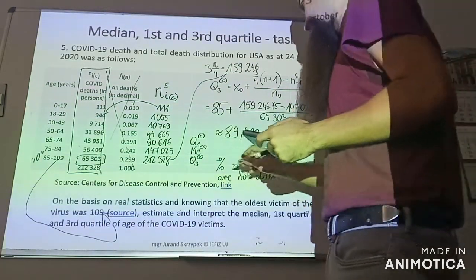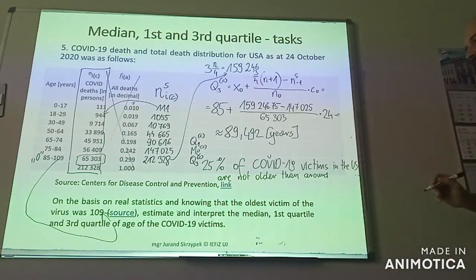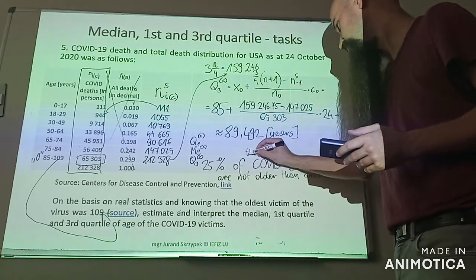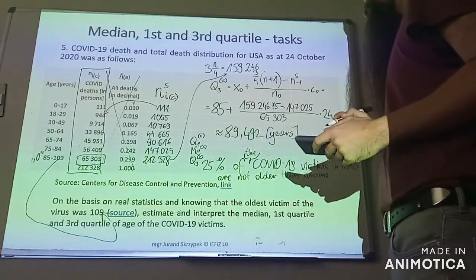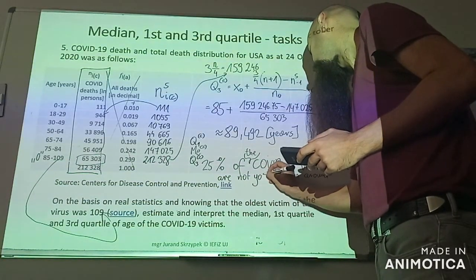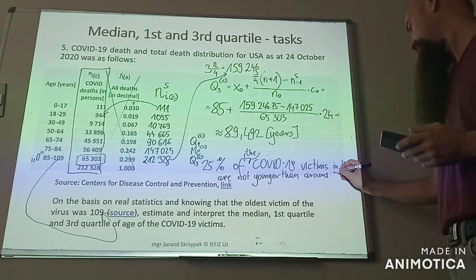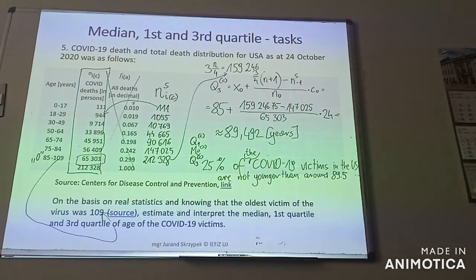So it means that, please write it down, of course, 25% of the COVID-19 victims in the US are not younger than around 89.5 years.